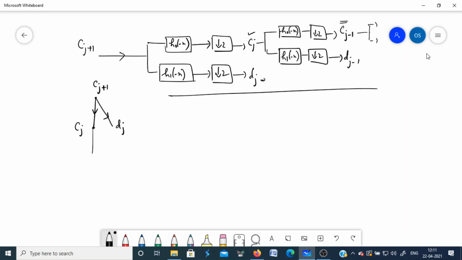Then the cj is again decomposed into d of j minus 1 and c of j minus 1. So this is further decomposed into c of j minus 2 and d of j minus 2, and so on. Okay, so this tree-like structure is a very important algorithm in wavelets, which is called Mallat's algorithm.